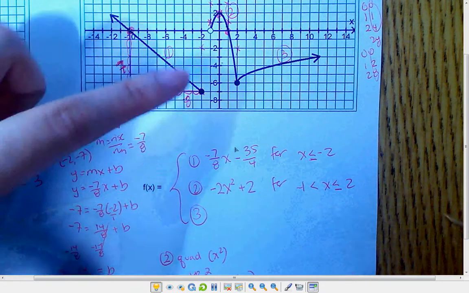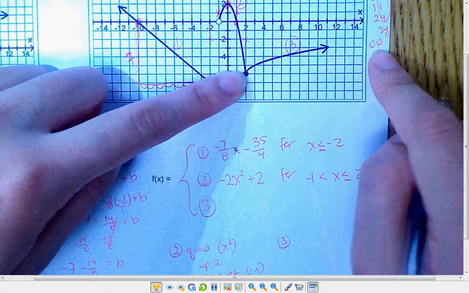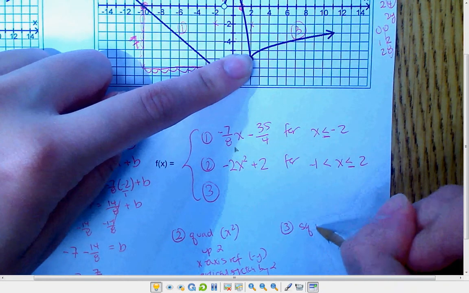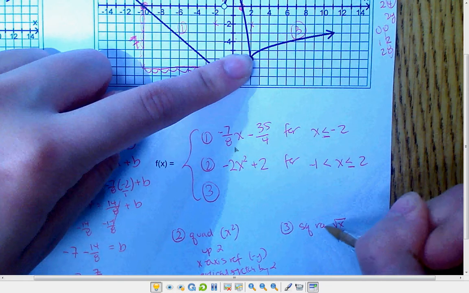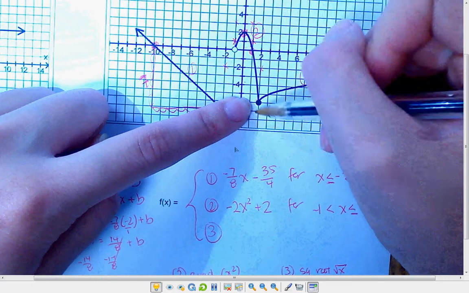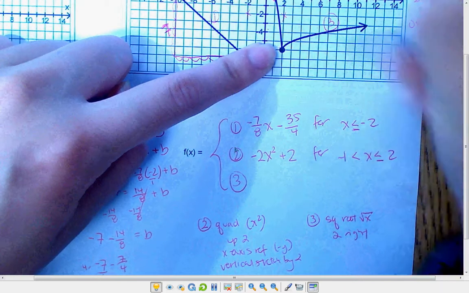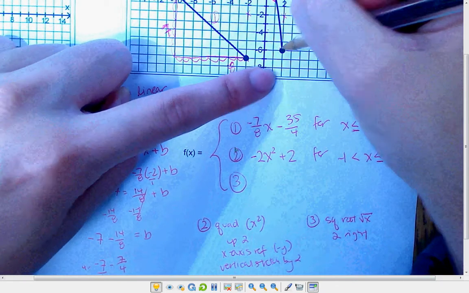Okay, last function we have, number 3. This one is opening out, not up or down, so this is a square root function. And the starting point from the origin has clearly been shifted 2 to the right, and 1, 2, 3, 4, 5, 6 down.